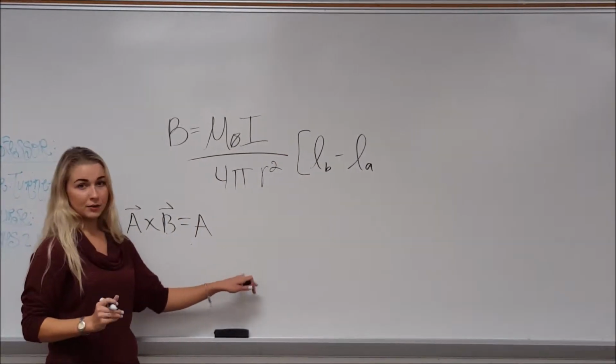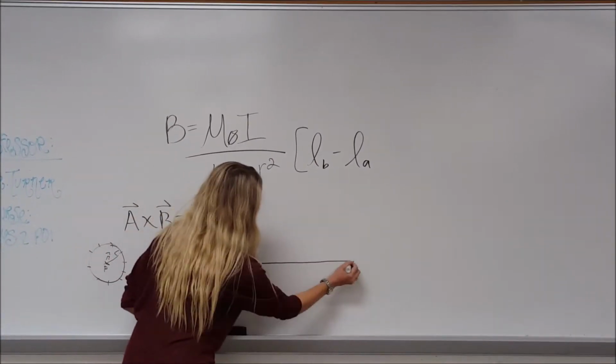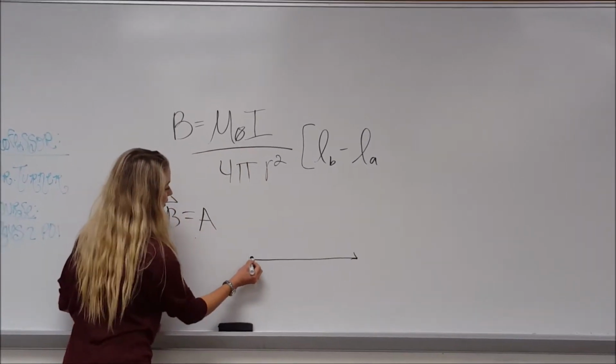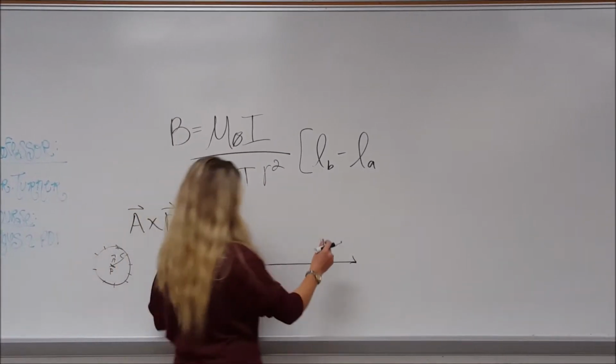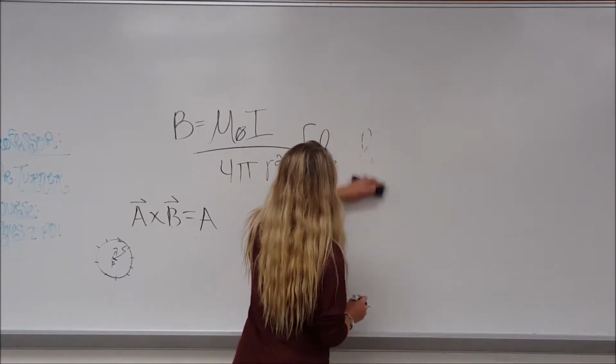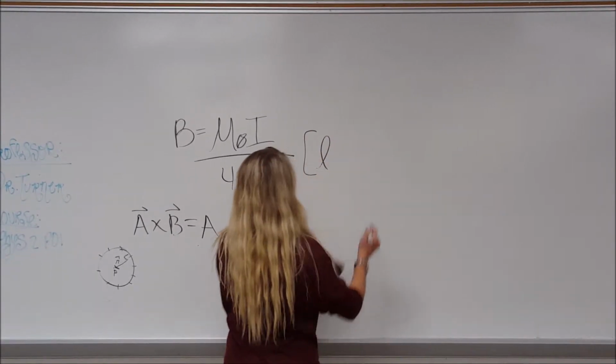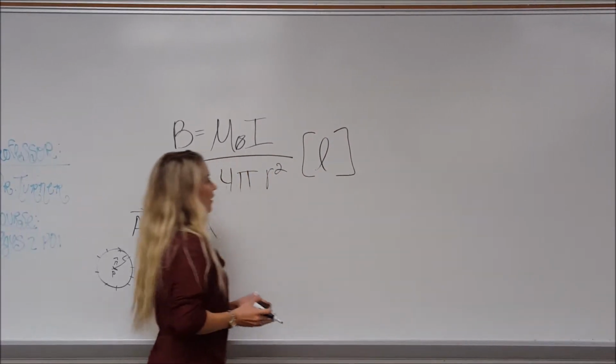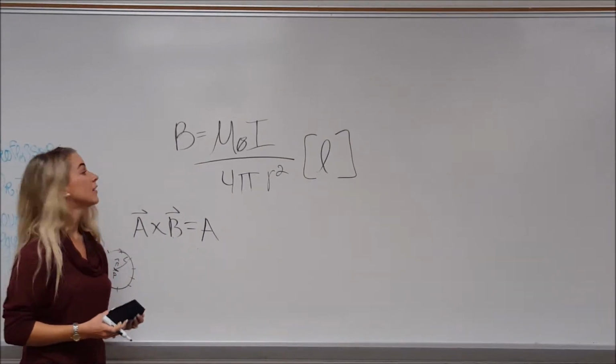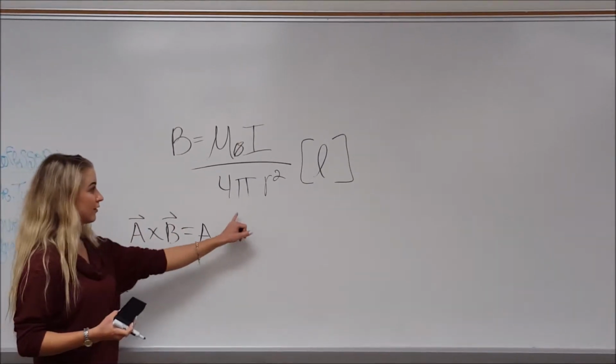We had an LA value of 0 because you start at one point on the length, and that's always going to be your 0 point. So the LA goes away, and you can just write your L as a regular L because it's going to be the length of your wire. And this equation is true for a circle.